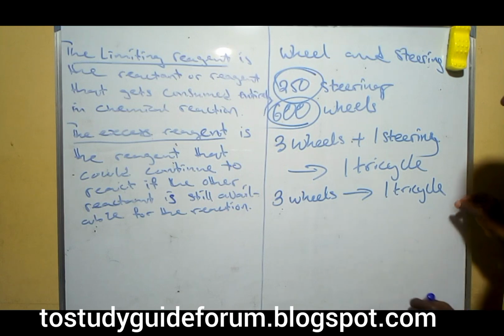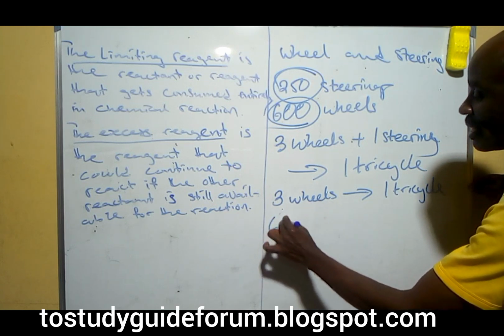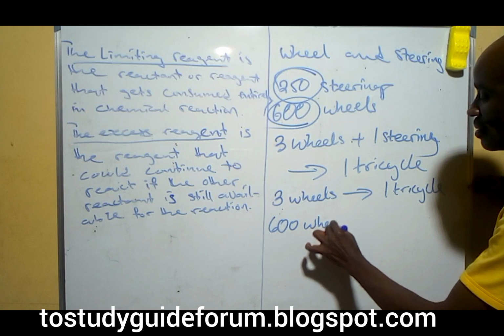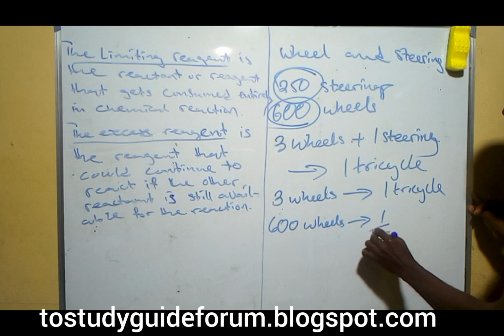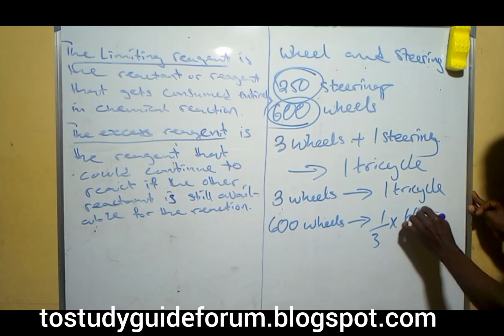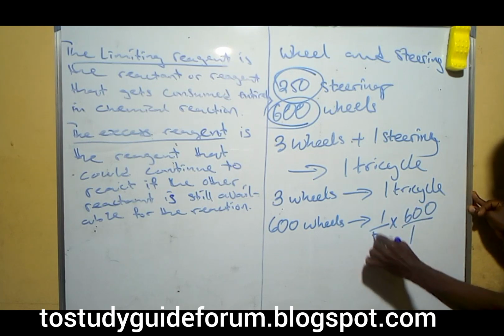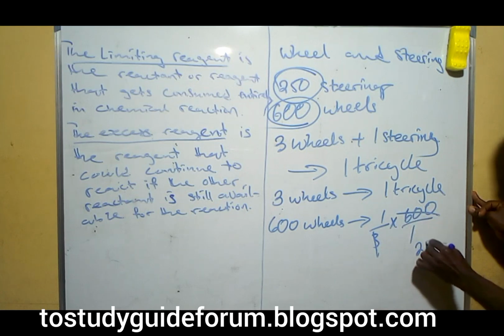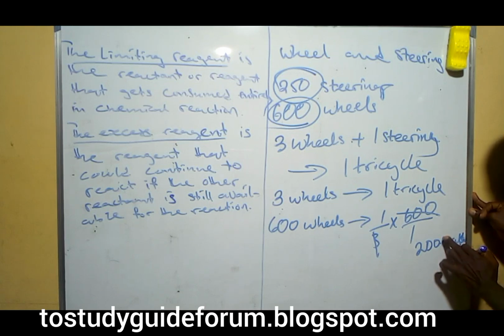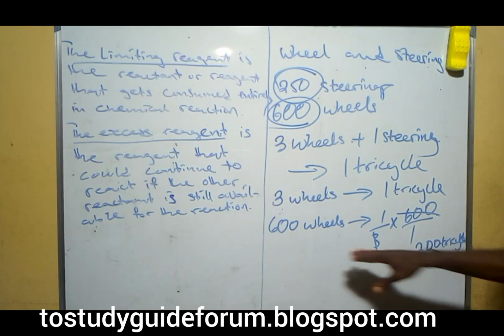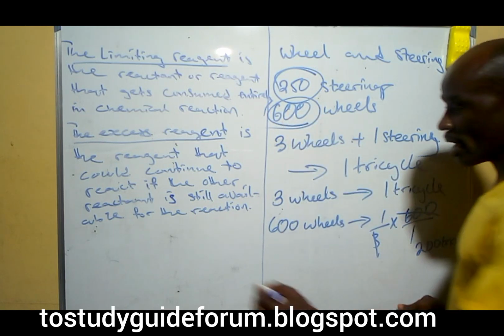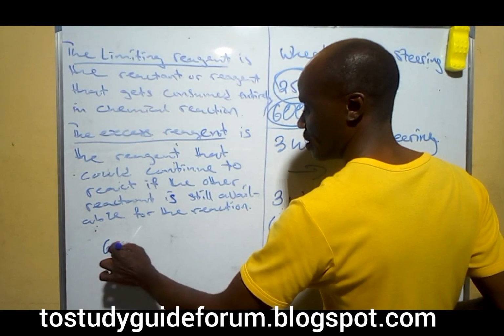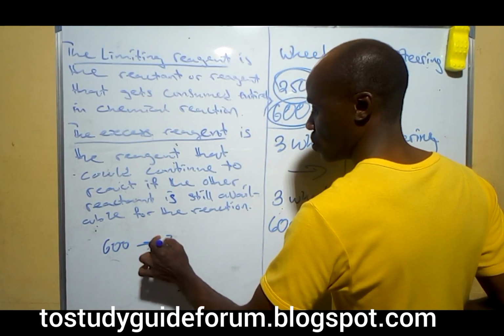Then 600 wheels will give us 1 over 3 times 600 over 1. The 3 will cancel out, and we have 200 tricycles. That means what we get from 600 wheels is 200 tricycles.